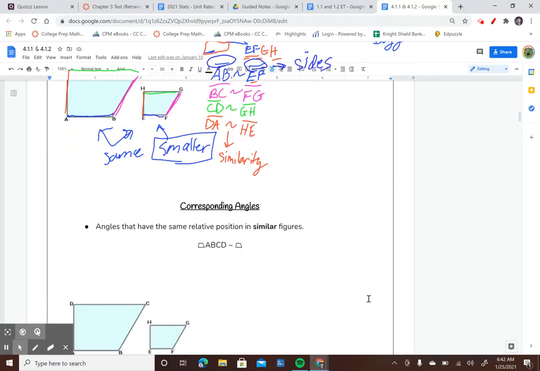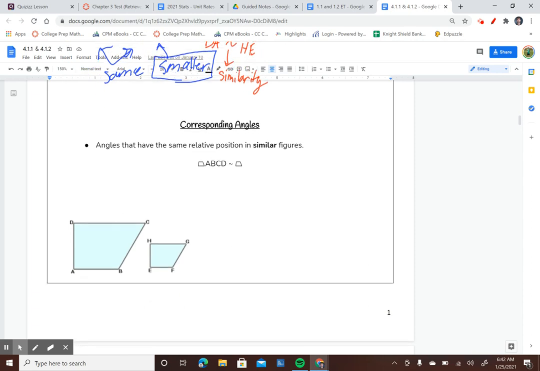Now, if we scroll down here to corresponding angles, it's the same deal. We have angles A, B, C, D from this quadrilateral are similar to E, F, G, H, and here's how we can show that. So again, please write down these notes as you're going.